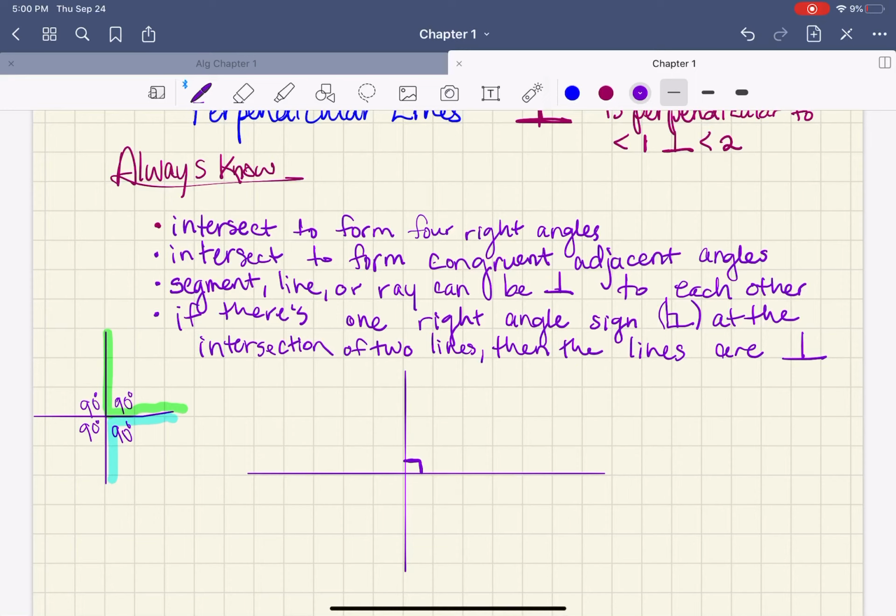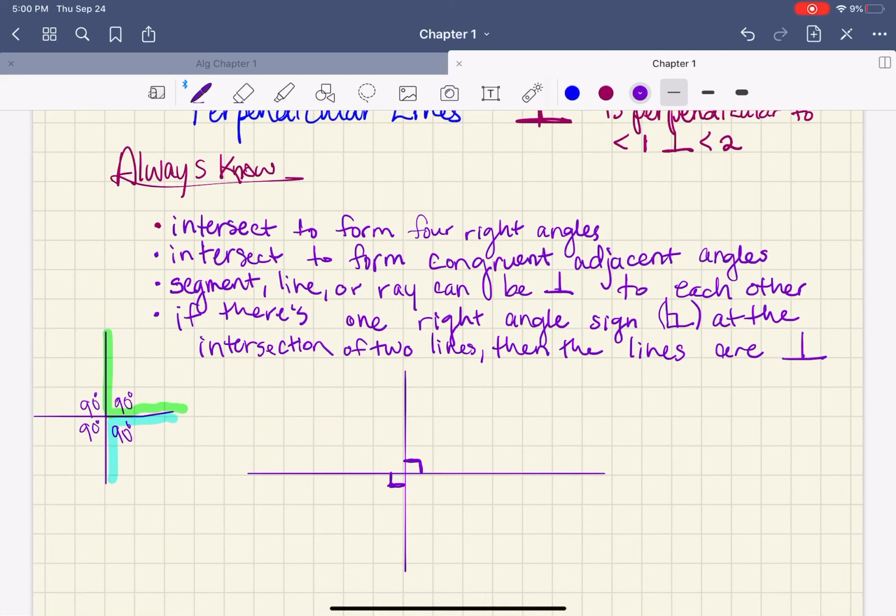That might seem a little weird, but think about this. Vertical angles have to be congruent. So two intersecting lines makes vertical angles. So if I have one angle that is 90 degrees, then its vertical angle is going to be 90 degrees.